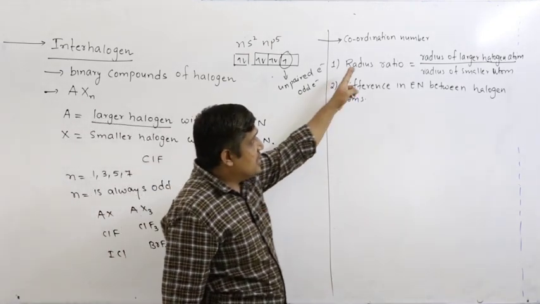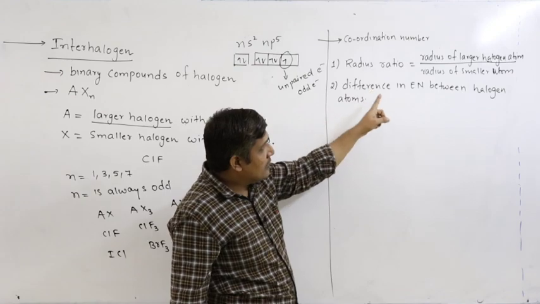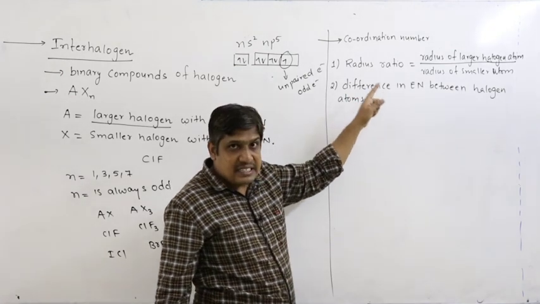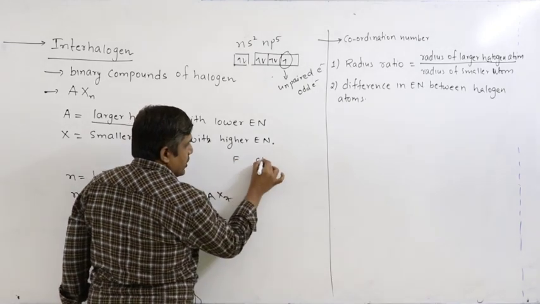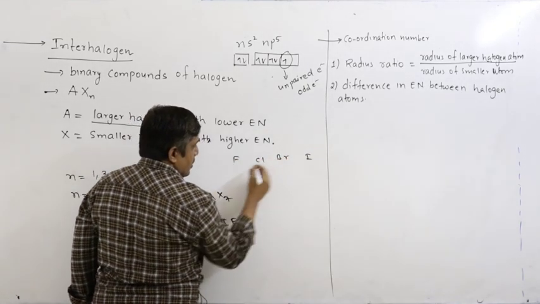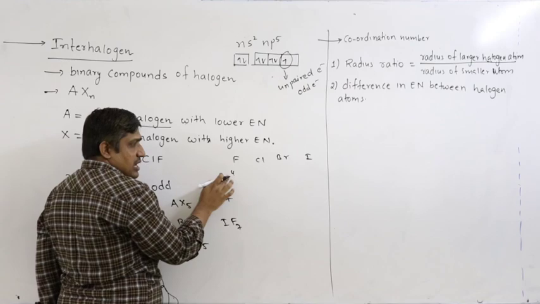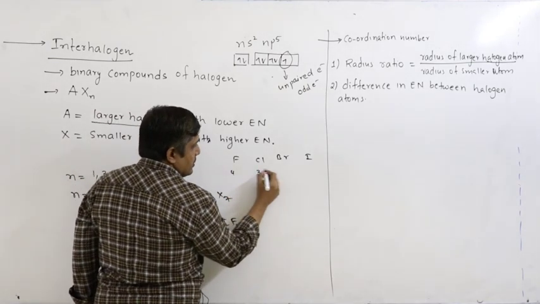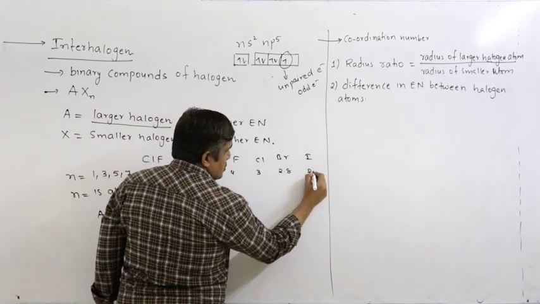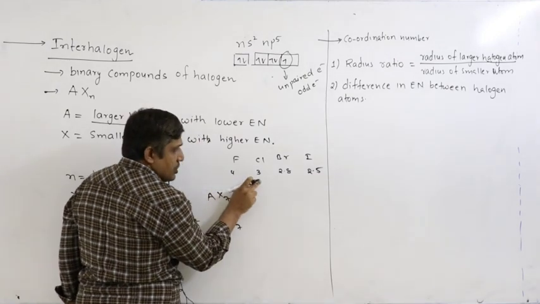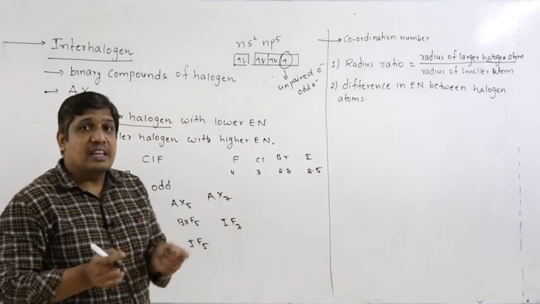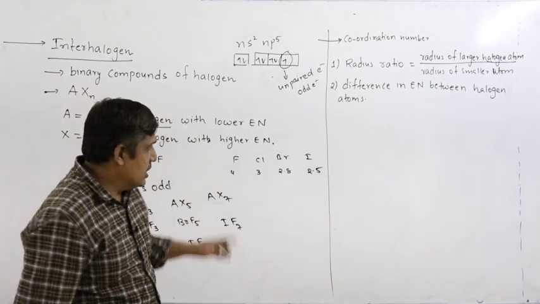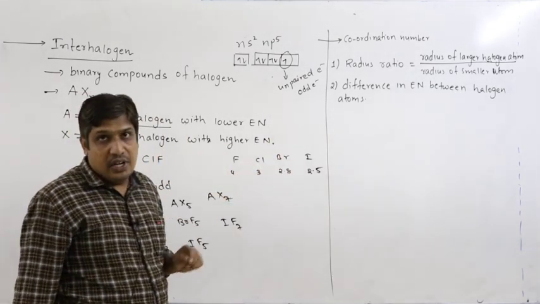So if radius ratio and electronegativity difference are high... if I write fluorine, chlorine, bromine, iodine, on the Pauling scale fluorine's electronegativity is 4, chlorine 3, bromine around 2.8, iodine 2.5. Between which atoms is the electronegativity difference more? The answer is fluorine and iodine.